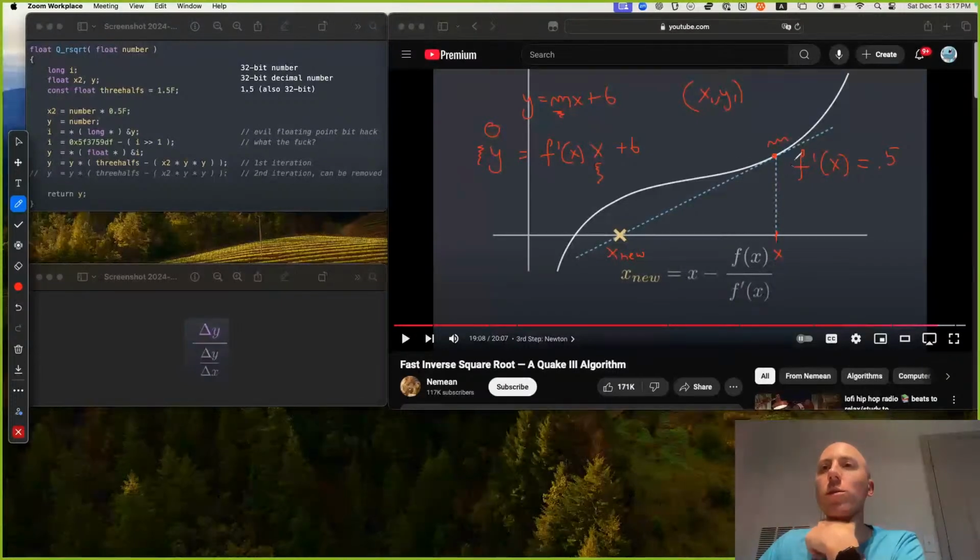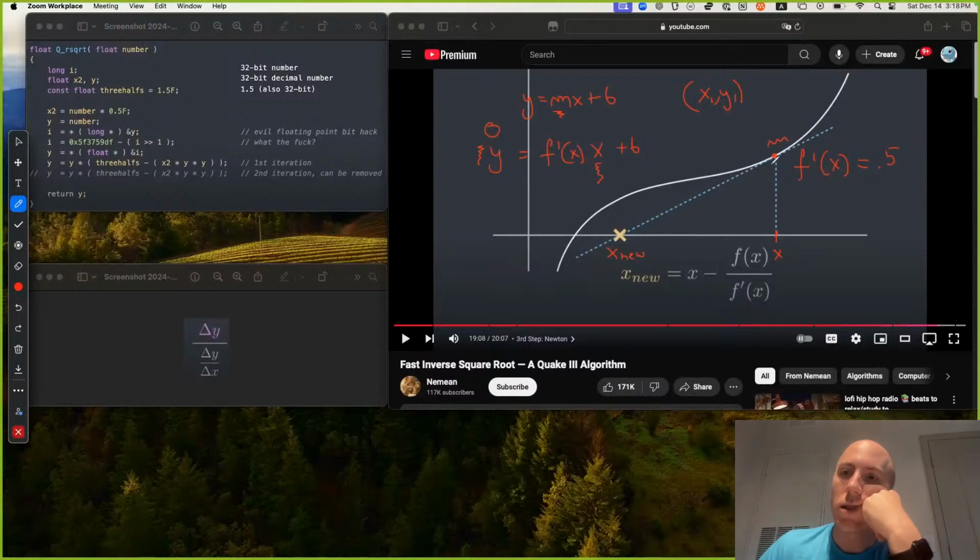I'm a little confused too, because when we calculate the derivative, we get a new function. It's not necessarily a line. No, okay, I guess it is the tangent line, because the derivative could be a nonlinear function, but you plug in the value of x and you get a number out, and that is the slope of the tangent line.